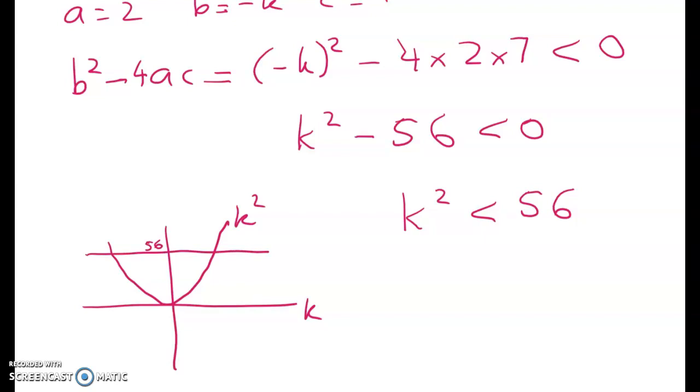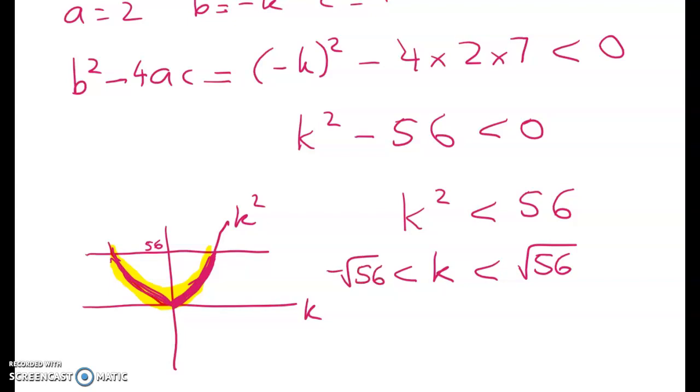So which values of k are giving me k squared being less than 56? Well, pretty obviously it's going to be for positive ones that are less than the square root of 56, but we also have these negative values. So we're going to have negative root 56 on this side.